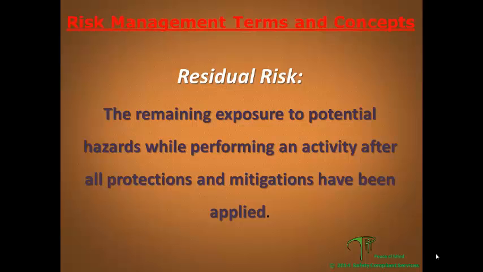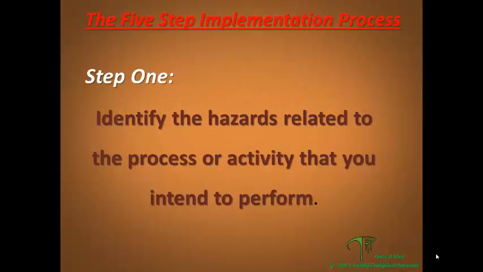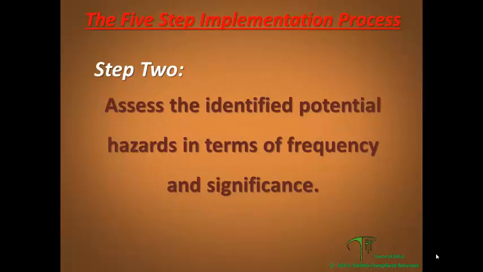Now, let's consider the 5-step implementation process. Step number 1 is identifying the hazards related to the process or activity that you intend to perform. Step number 2 is to assess the identified potential hazards in terms of their frequency and significance.